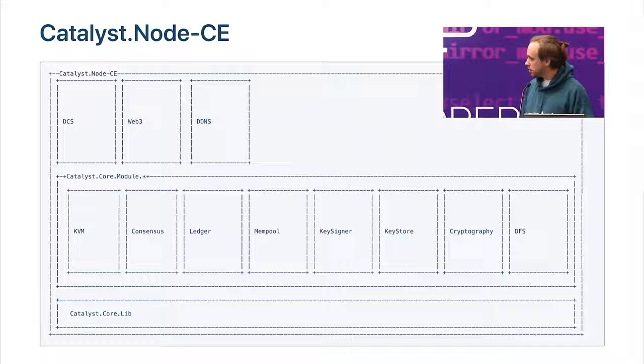The Web3 module again provides the backwards compatibility with Ethereum. So anyone who's been building on Truffle, there'll be backwards compatibility with that, plus additional functionality that covers all the Catalyst core modules, and the distributed DNS.